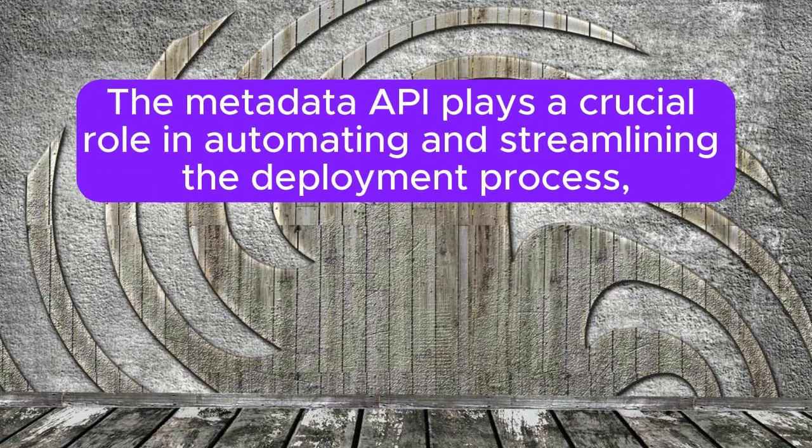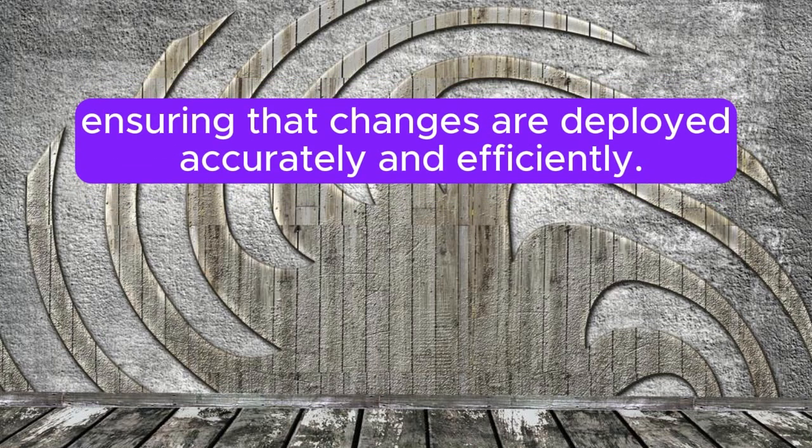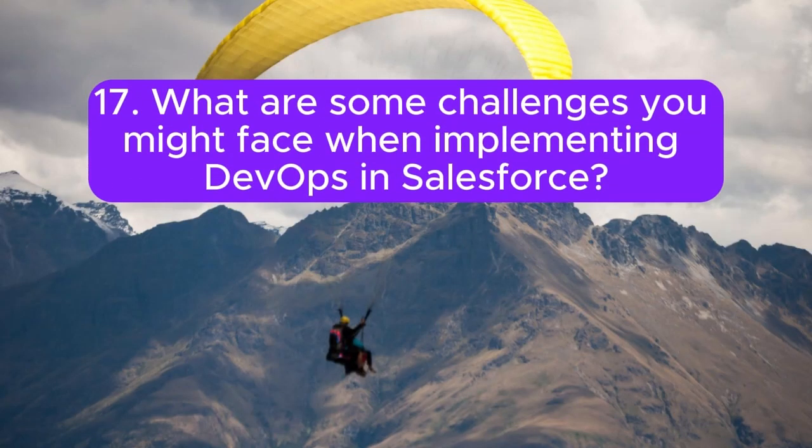The Metadata API plays a crucial role in automating and streamlining the deployment process, ensuring that changes are deployed accurately and efficiently.